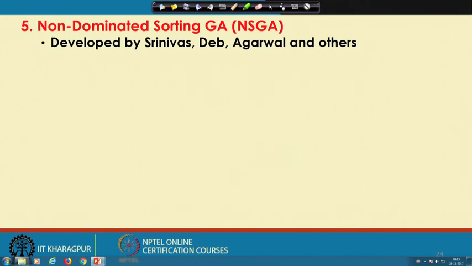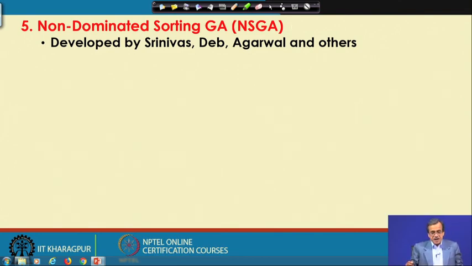We are going to start with the working principle of another very popular tool for multi-objective optimization, and this is known as the non-dominated sorting genetic algorithm, in short NSGA.